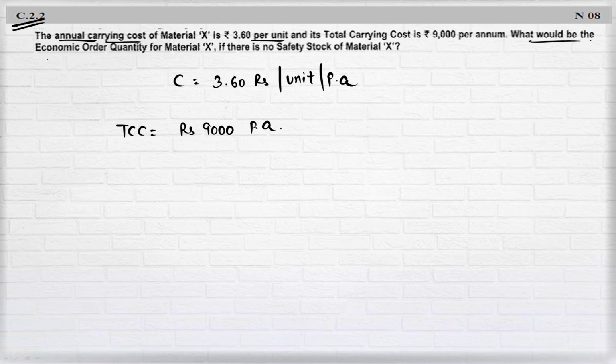What would be the EOQ for material X if there is no safety stock of the material X? How to find out total carrying cost? It is EOQ divided by 2 multiplied by C. We have done this. If we don't write down EOQ, what we write down? Ordering quantity. If you want to find out total carrying cost per annum, it is ordering quantity divided by 2 multiplied by C. Total carrying cost is 9,000.